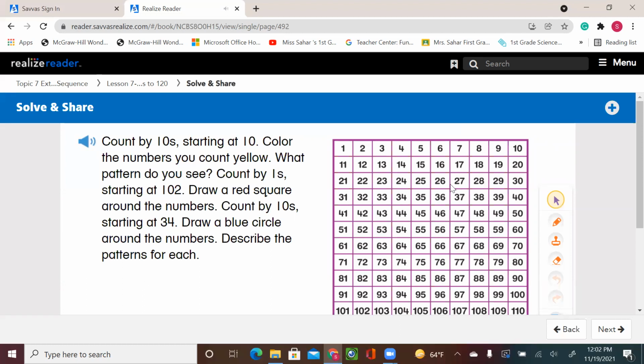All right, so count by tens, starting at 10 and color the numbers you count yellow. So I'm not going to color it, but I'm just going to put a yellow line. So start from 10, that's here, and all the way till 120. So I'll go like this.